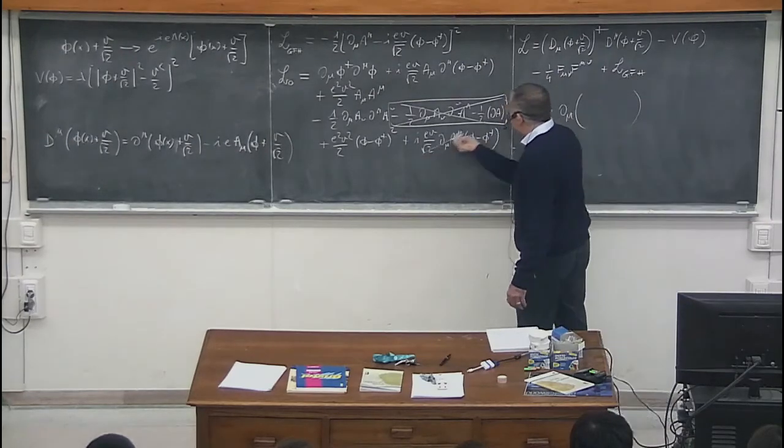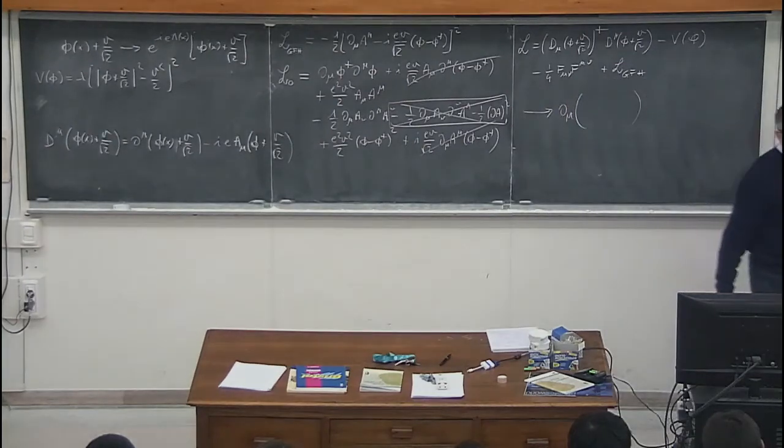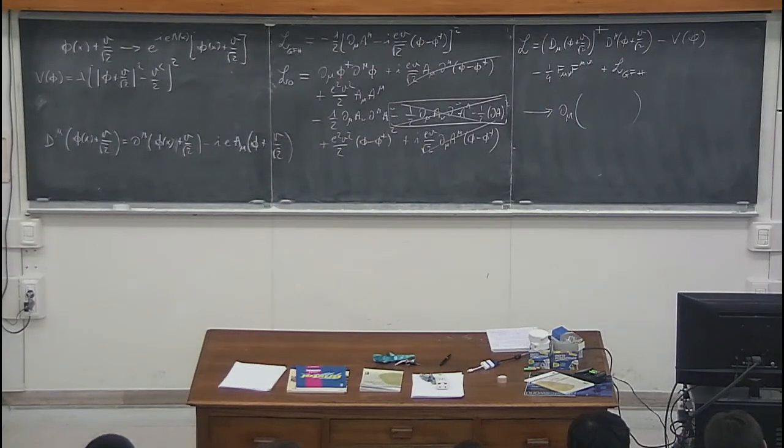So I cancel this against this, and this explains why it is convenient to use this 't Hooft gauge fixing term. The 't Hooft gauge fixing eliminates the mixing between A mu and the divergence of the imaginary part of phi.